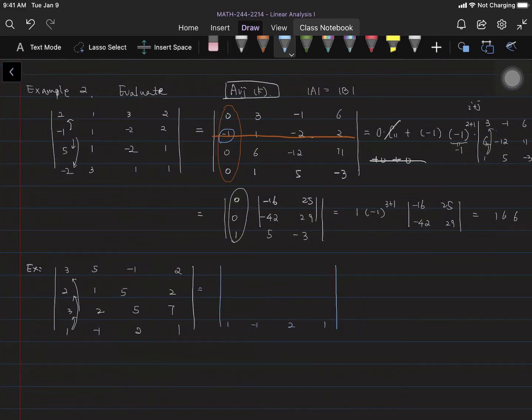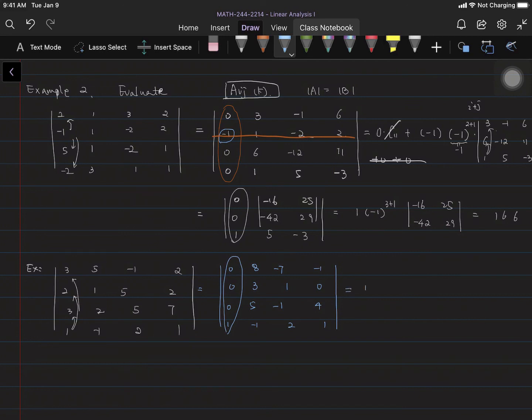Here's the solution. I use the 1 in the last row to make other numbers into 0. So let's see. I make them into like this. And then I'm going to use the first column to expand the determinant. So it's going to be like 0 times cofactor plus 0 times cofactor plus 0.